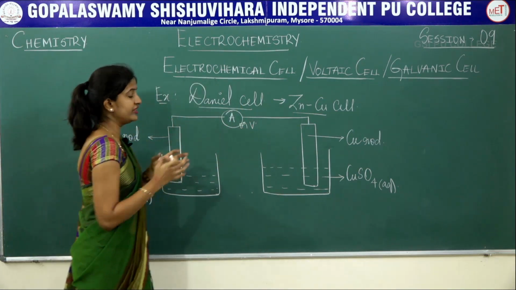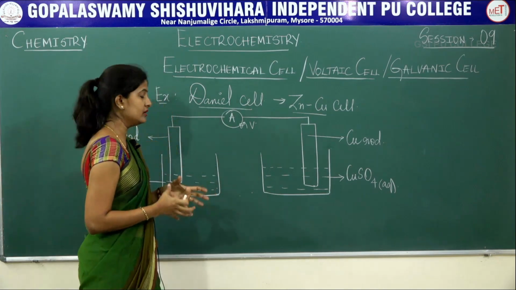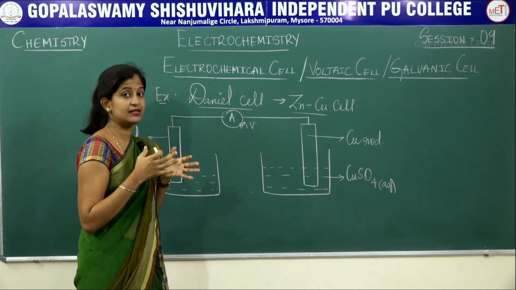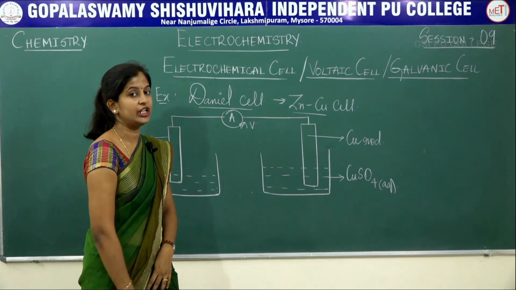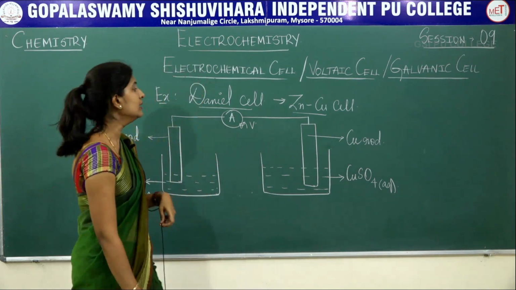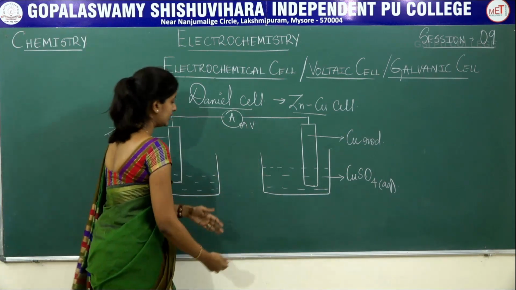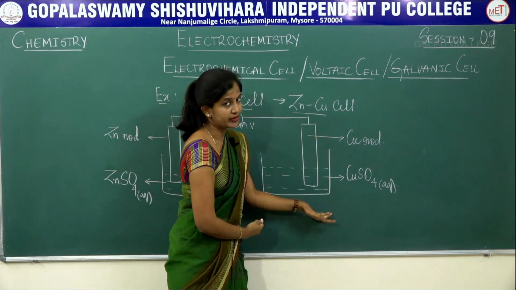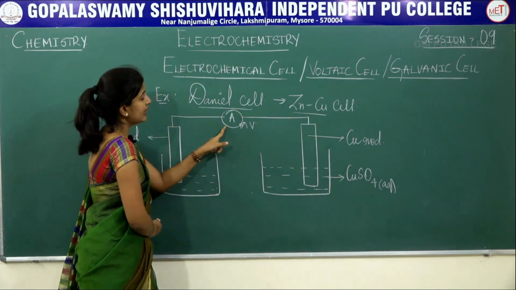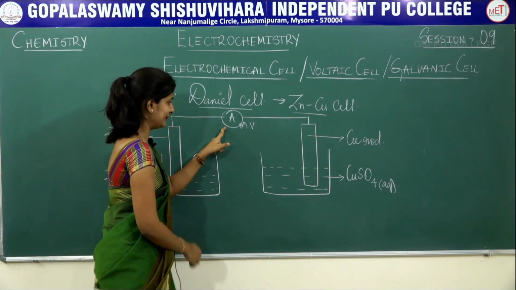So from this you can observe that if it is a single chamber, single container, you cannot convert your chemical energy into electrical energy. As a result, here I have taken two different containers wherein the zinc rod is dipped in zinc sulfate, the copper rod is dipped in copper sulfate, connected through an external circuit through your ammeter.